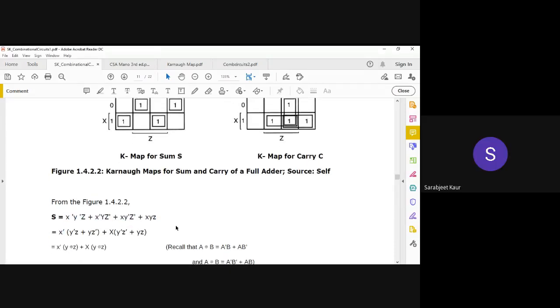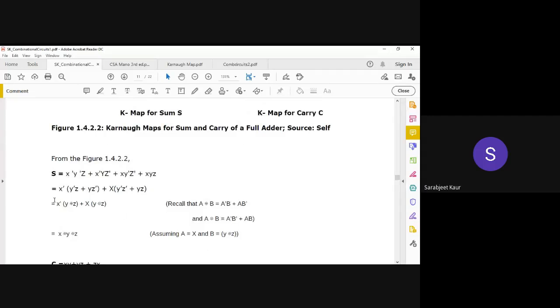Now, please see what we are doing in the next level. I can see that in the first two terms, x' is common. Using the distributive law, I take it out, and what I have in the brackets is y' z or y z'. Similarly, from these two terms, I take x common.